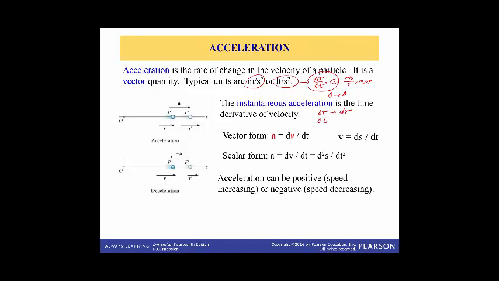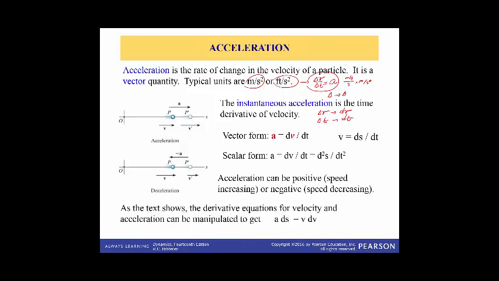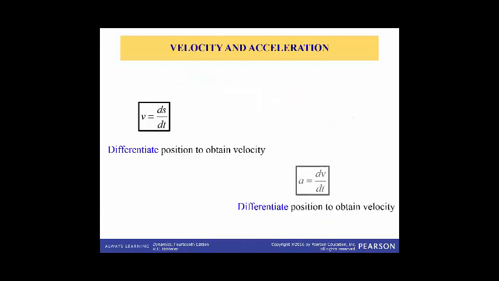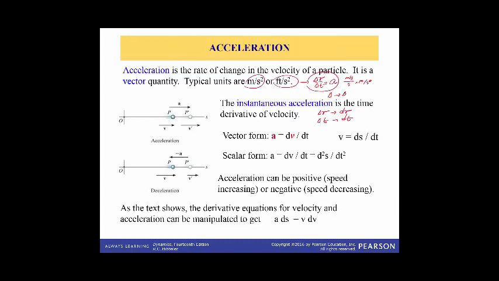And then instead of a delta t, it's a dt. So then we're looking at the instantaneous acceleration, not just the average, okay? So then we have a derivative. Now, let's take a look at some things here, because this is an important principle. So let me go back just for a minute. So acceleration is dv over dt.